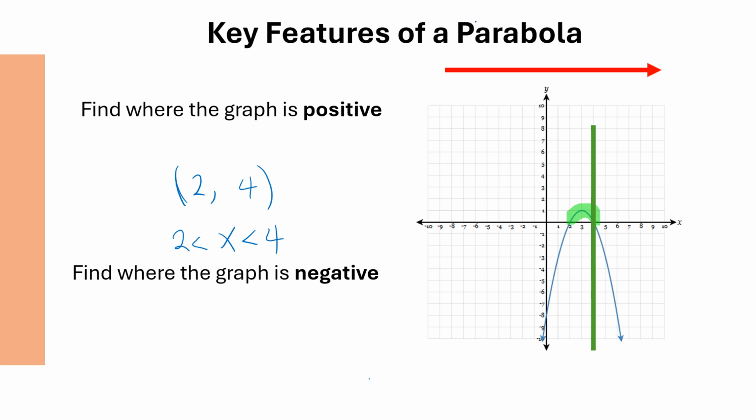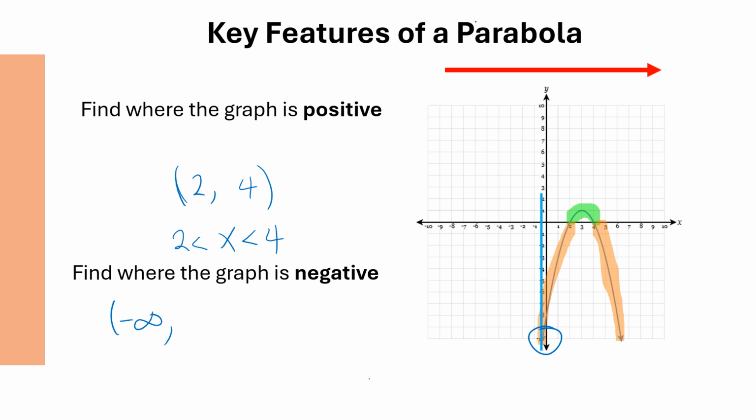And the parts of the graph that are negative are where it sits below the x-axis, because that's where all the negative y values are. So to write the domain for the negative portion of the graph, you're going to start on the left side again. And as you can see, we start on the arrow on the left side. So the domain starts at negative infinity.